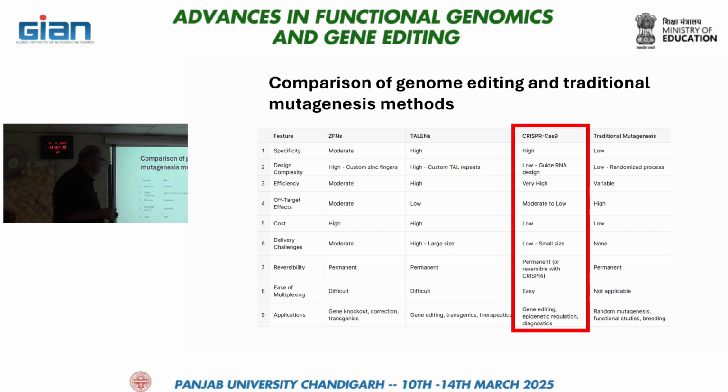So all these other methods I described are actually dead right now. And I think you should use only the CRISPR-Cas9 system, which has advantages over all these techniques I described before. Maybe traditional mutagenesis is sometimes still used in agriculture, and in the lab, like EMS mutagenesis. And that's it, I think.